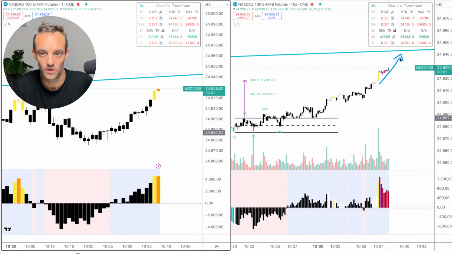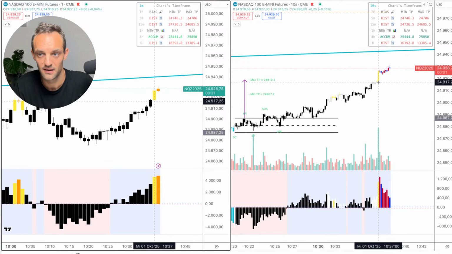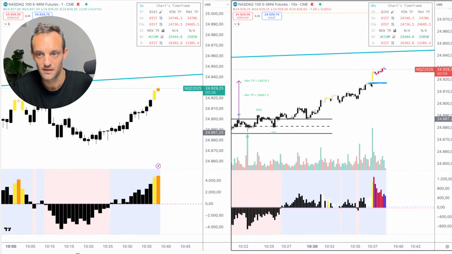It will be a continuation now, and of course, when we see a little pullback now, we can scale in. We can scale in until these levels, I would say.